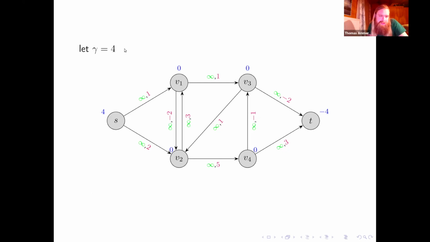Well, no, so gamma needs to be halved. Now we can again send 2 units of flow from S to T, and then gamma needs to be halved again because there's no source and no target remaining with a balance above 2. And finally, we can send the last 2 units of flow from S to T.